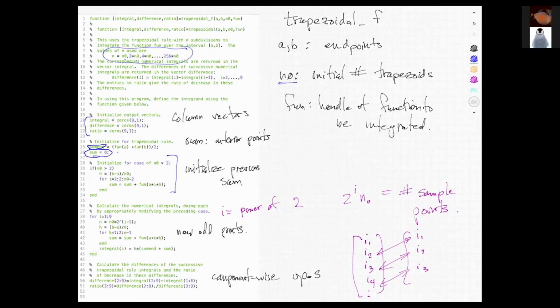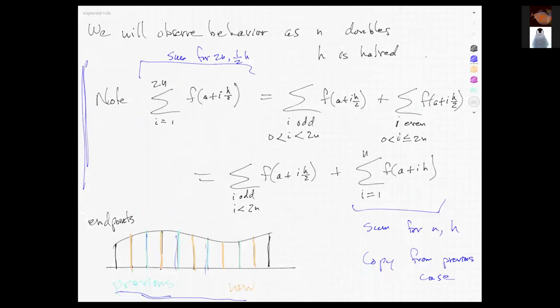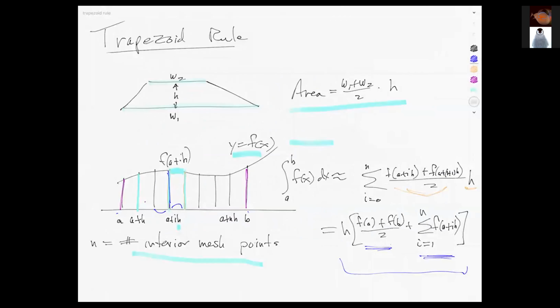So the sum here corresponds to this term over here. It's the sum at all of the interior points in the interval, not at a and b, but just in the interior.